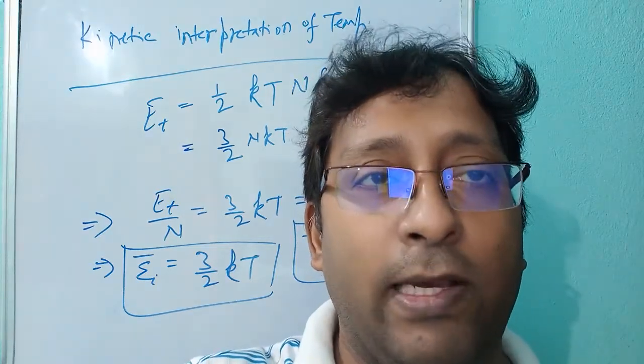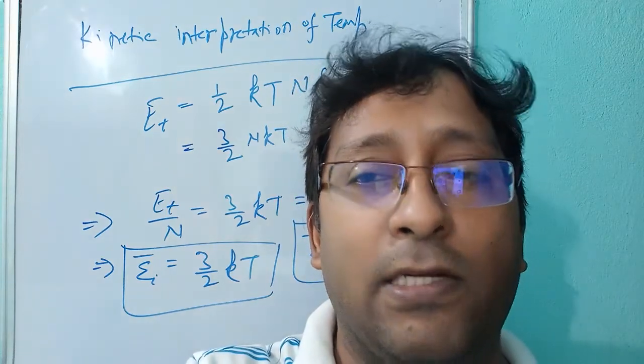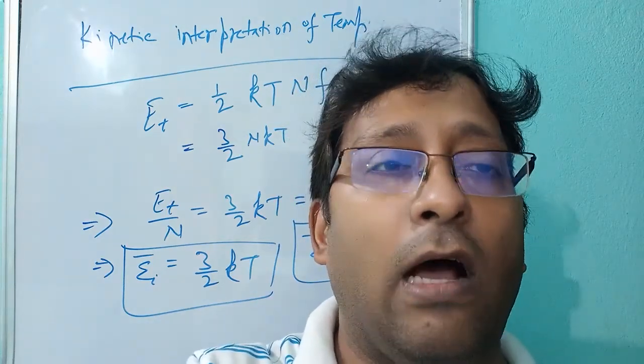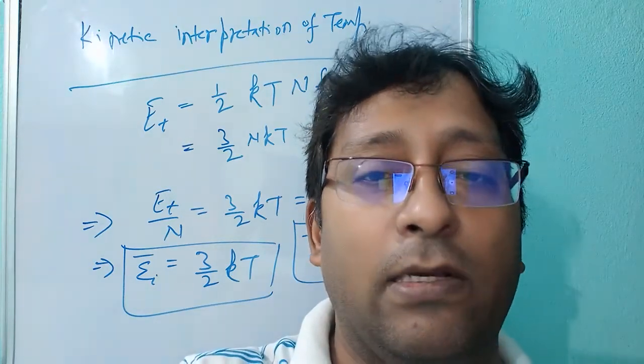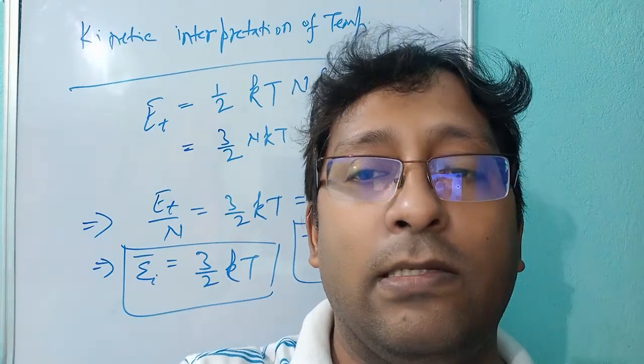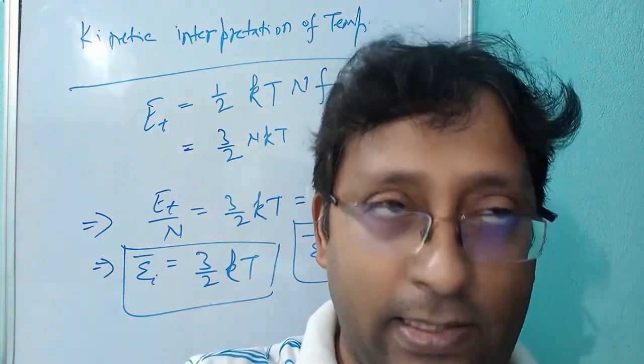Okay. So again, listen. The average kinetic energy of translation per molecule of an ideal monoatomic gas of a given mass is directly proportional to the absolute temperature of the gas.